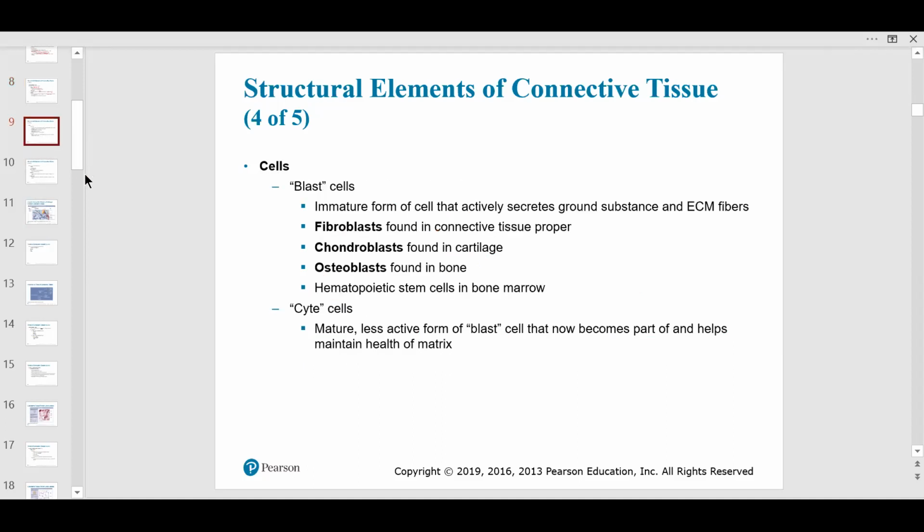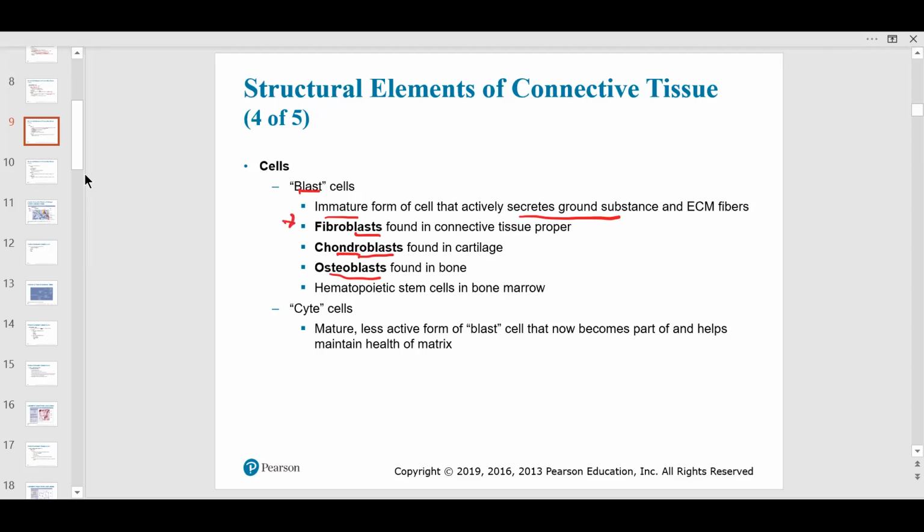Here are some cells now. Blast cells, I tell you, remember blast is always immature. And they're usually secreting something like collagen. Fibroblasts, anyway, secrete collagen, pretty much. Chondroblasts, secreting collagen. Osteoblasts, secreting collagen. I'll tell you right now, they're making protein, specialized machinery inside these cells.